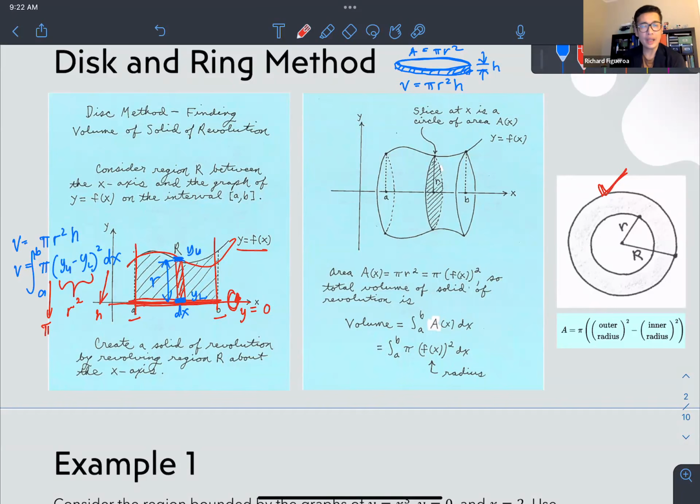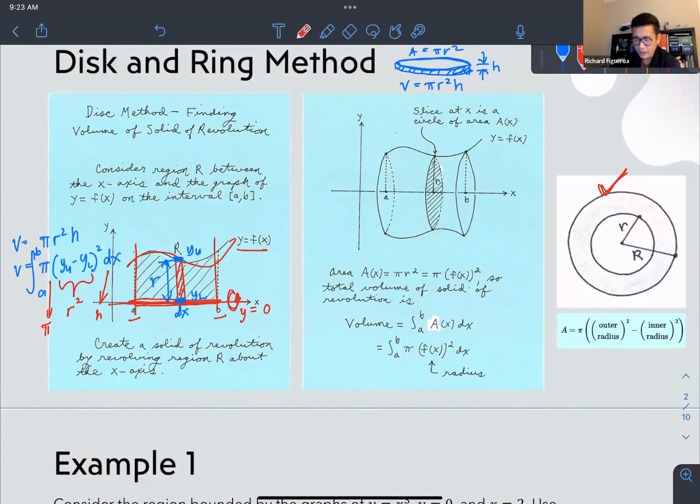So remember: y upper minus y lower if it is a vertical strip, and if it is a horizontal strip, x to the right minus x to the left. That's how we get the radius.